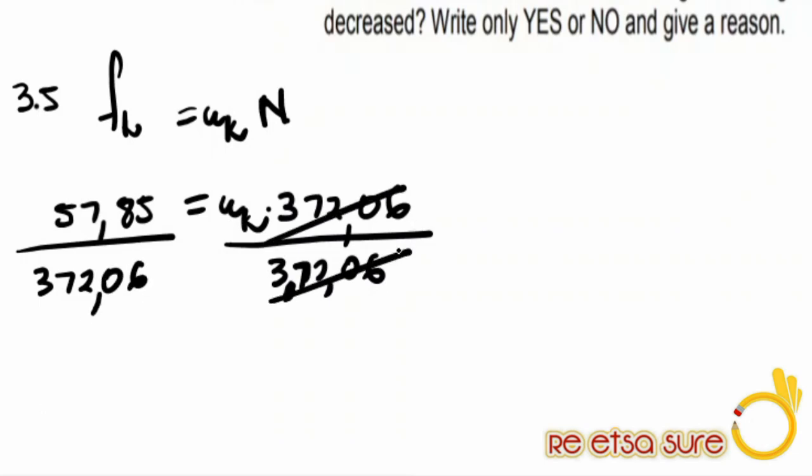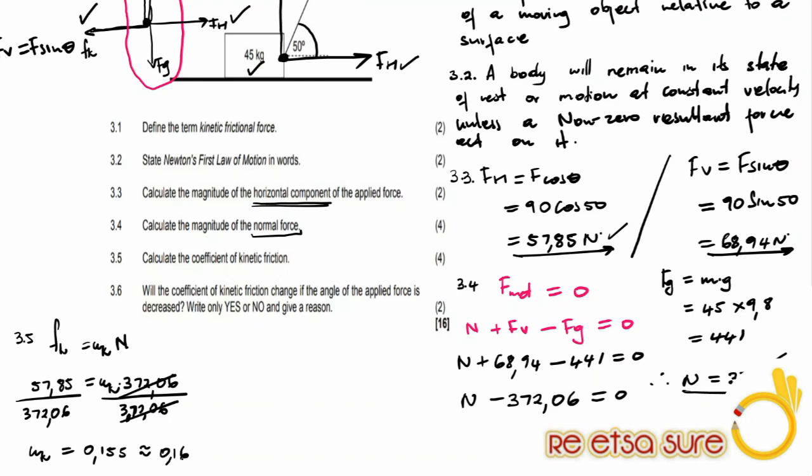This side will cancel this side, and then the coefficient of kinetic friction is equal to 57,85 divided by 372,06, and our answer there is 0,155, which is equivalent to 0,16.